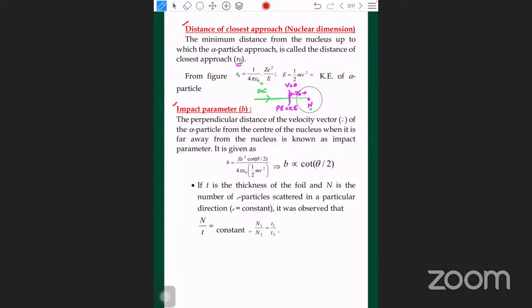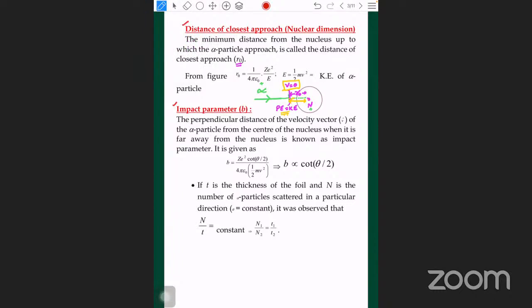So what is the distance of closest approach? It is the distance from the nucleus to the point at which the velocity of the alpha particle is zero, or where potential energy is equal to kinetic energy.